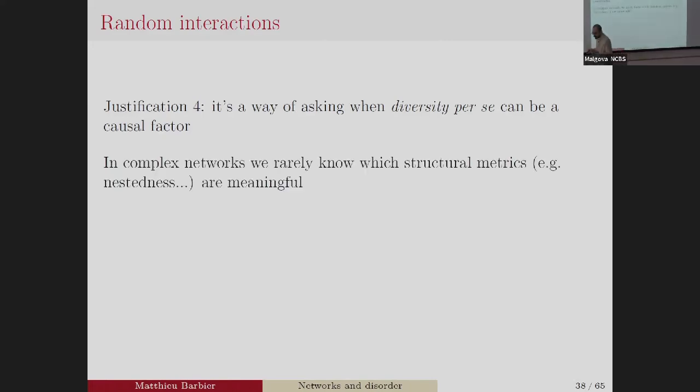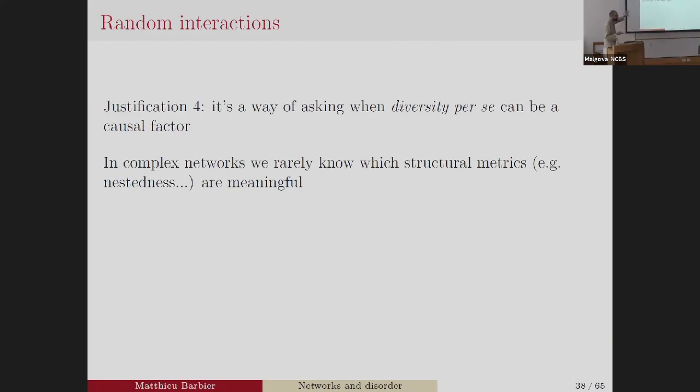One thing that's really nice about random models is, in a sense, they're models. Before I say that, in a very complex network, like the one I talked about yesterday, it's really hard to know which structural metrics are meaningful. Is nestedness meaningful? Is it going to be causal for anything? We don't know.